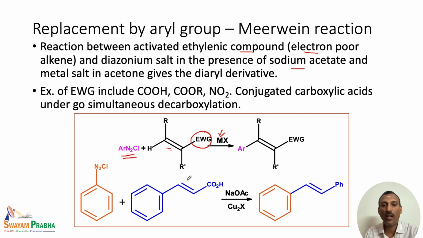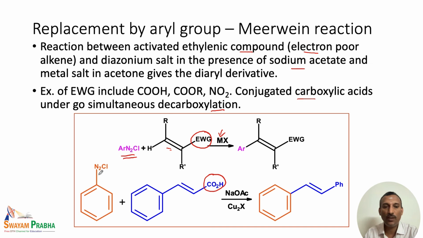And if we have other electron withdrawing groups, like carboxylic acid or various other groups, which are also possible, and if we have a carboxylic acid, what happens is that the carboxylic acid is lost, or decarboxylation takes place, which leads to the conjugated alkene as the final product.